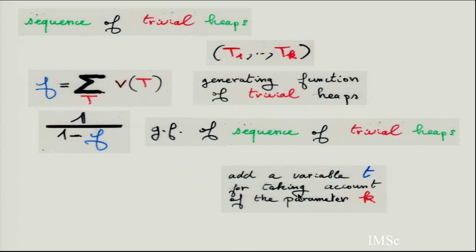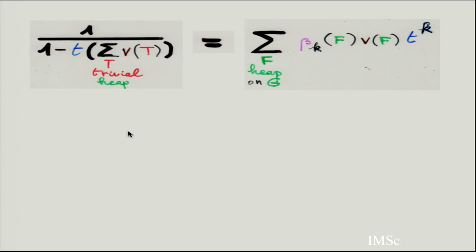And then if I add a variable t, it is going to take account of the parameter number of elements k in the sequence. So I can write this equality. This is the generating function for a sequence of trivial heaps, and t is counting how many trivial heaps you get. So I can write this with the weight, so I have this equality. It's a very simple equality, sequence of heaps.